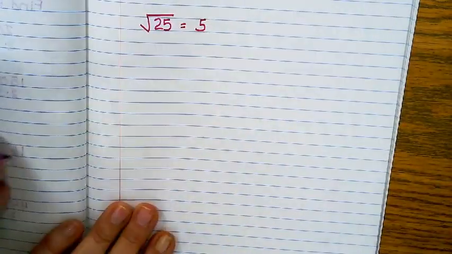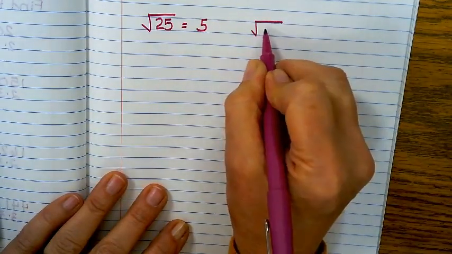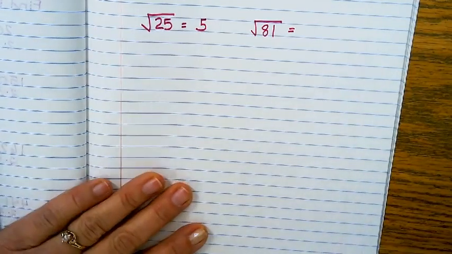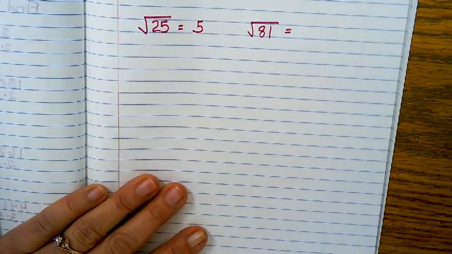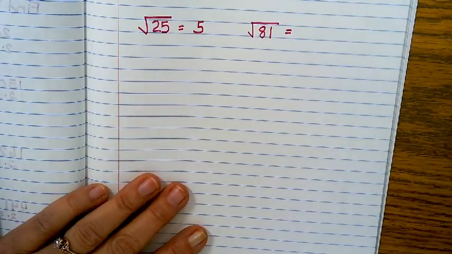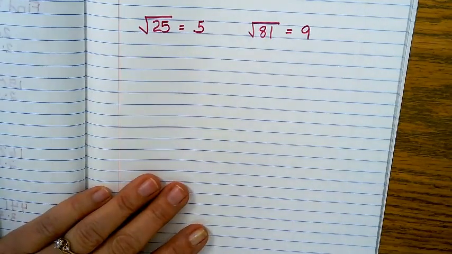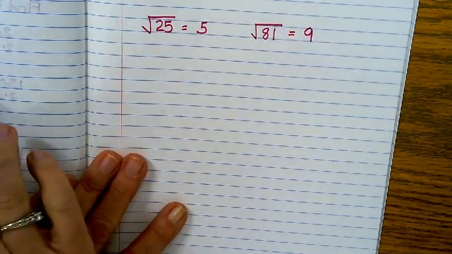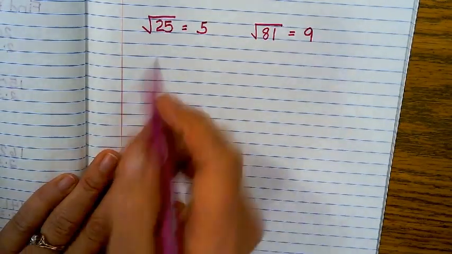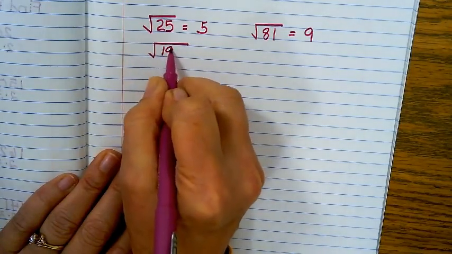So what about the square root of 81? The square root of 81 is 9, because 9 times 9 is 81. What about 196?